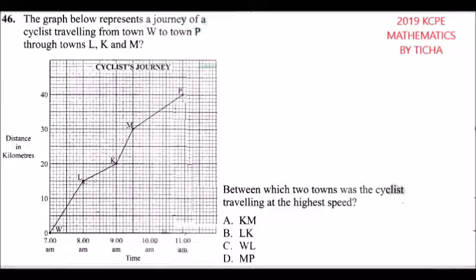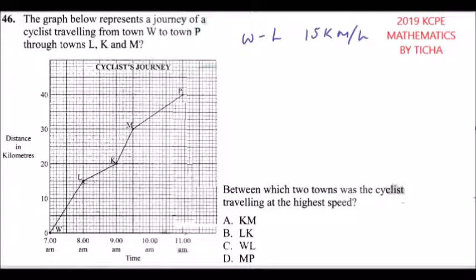So from 7 to 8, in 1 hour, he covered 15. So from W to L, he covered 15 kilometers per hour.